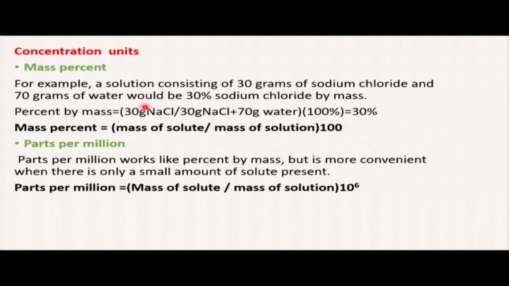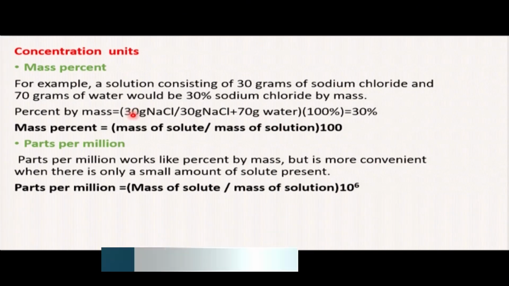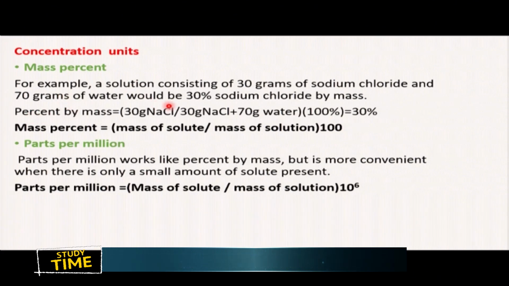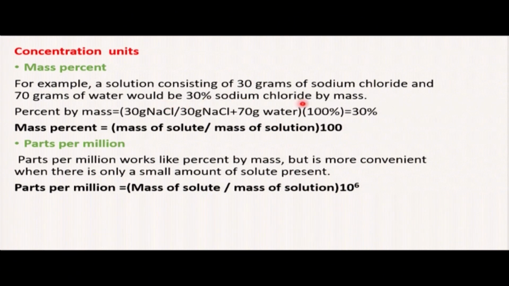Assuming the density of water is 1 gram per centimeter cubed and that water is pure, then the mass of water will also be 70. Now, 70 grams of water would be that solution.